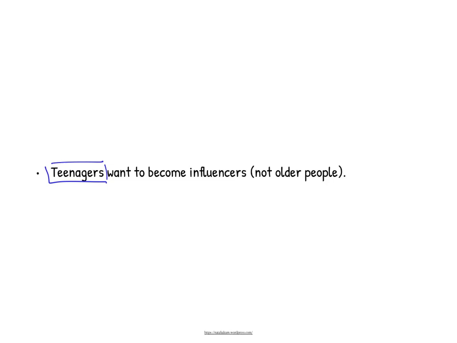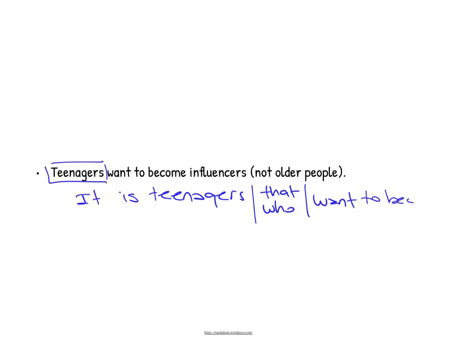But in any case, you want to make the contrast. So you have two possibilities. Again, you could say, it is teenagers that or who, you can choose both, want to become influencers. That's one possibility.